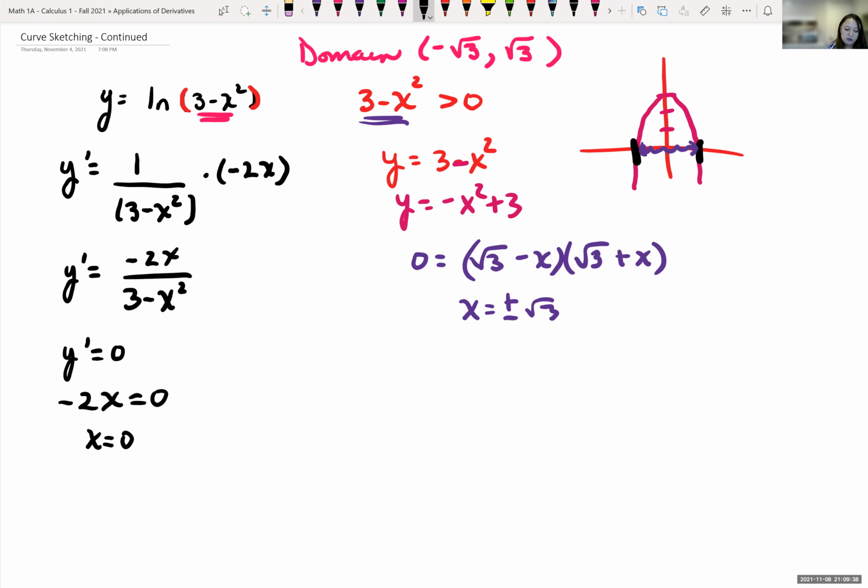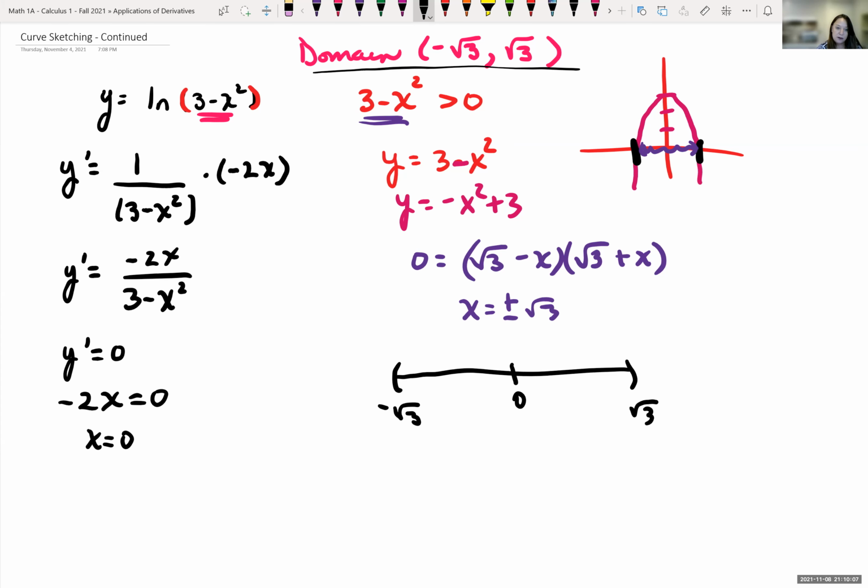But notice that those values aren't in the domain of our original function. And so those we're not really worried about, although when we are looking at our domain, we are looking at everything bigger than negative root 3 to root 3. And then we just found that one of our critical values was 0.